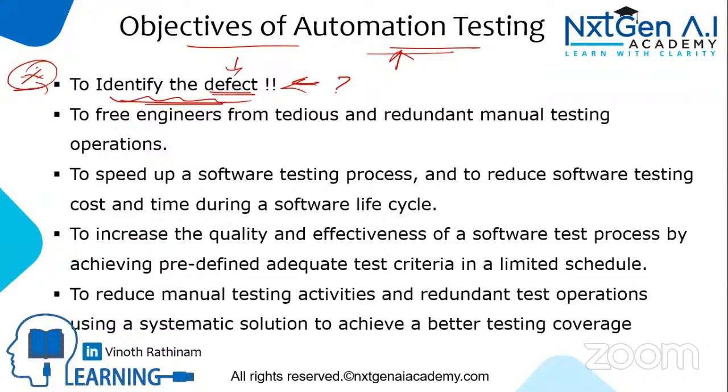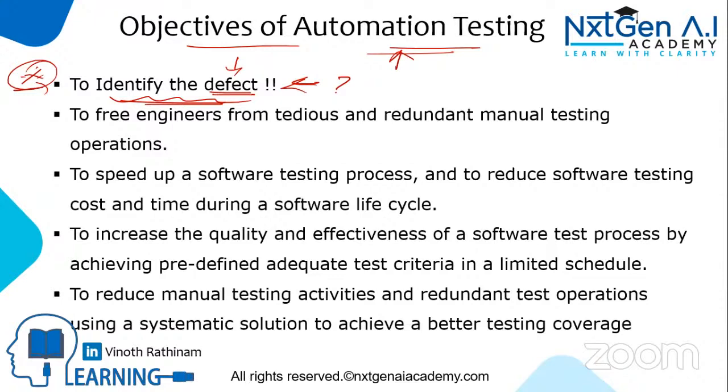Why am I stressing this point again and again? Because nowadays, because of agile, scrum and DevOps concepts, most companies expect associates to do manual testing and, in parallel, automation testing. It means in 5 days, you will work 3 days on manual testing and 2 days on automation testing.